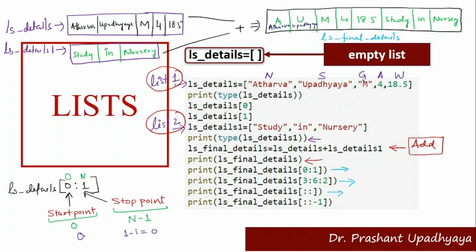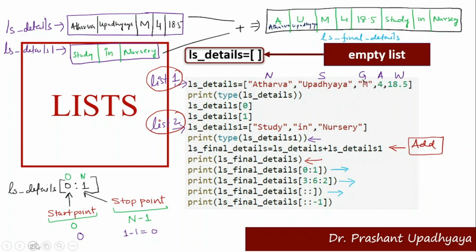So what will you get? I'm getting a starting point 0 and a stop point that is also 0. That means I should get only the first element of the list. The elements are moving step by step, from start point to stop point.